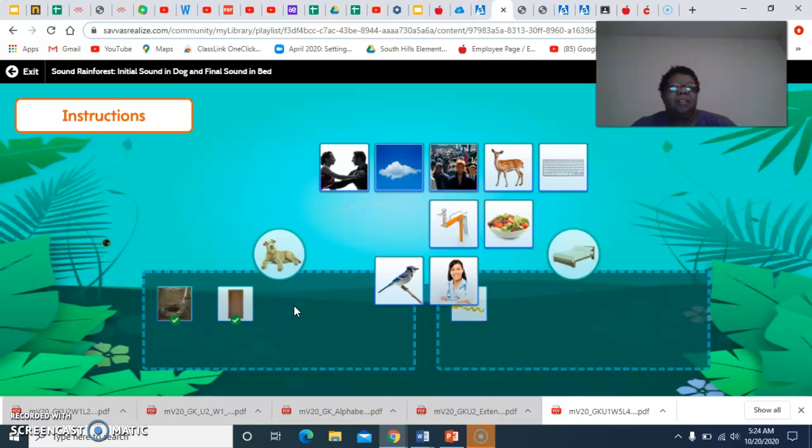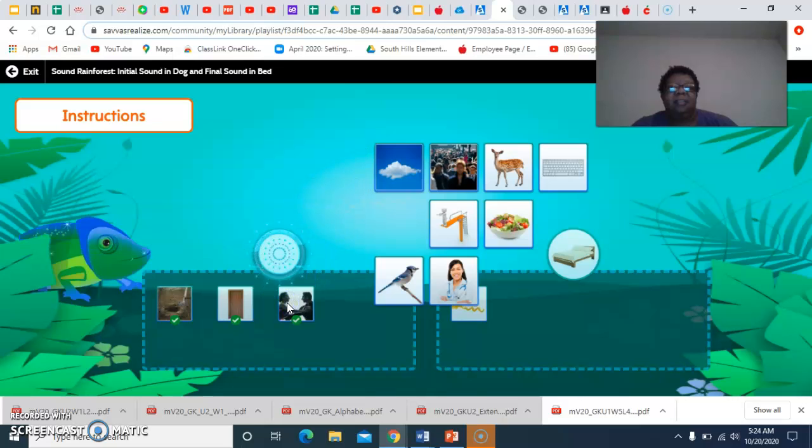Oh, so look where it goes. It's mustard, the last sound. So mustard goes with bed. Oh, we got it right. Dance, dance. So anytime we put our picture here, it has the D sound at the beginning.